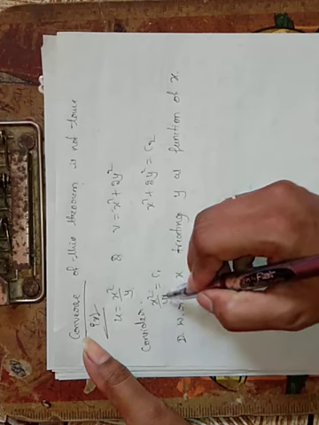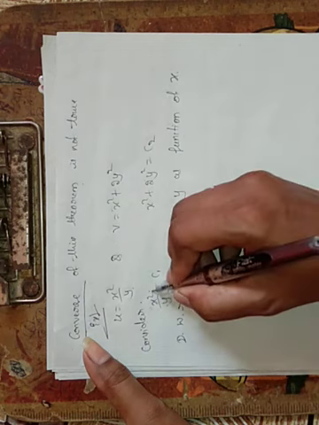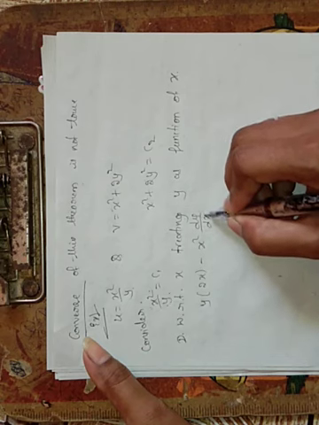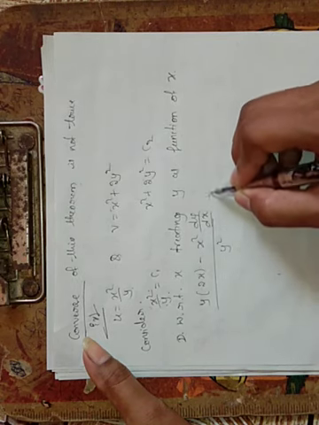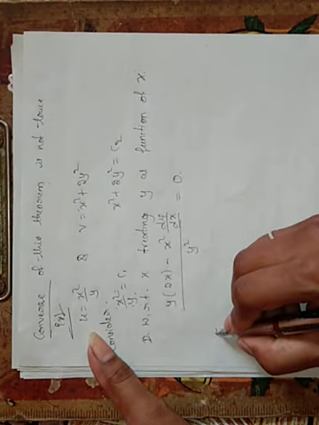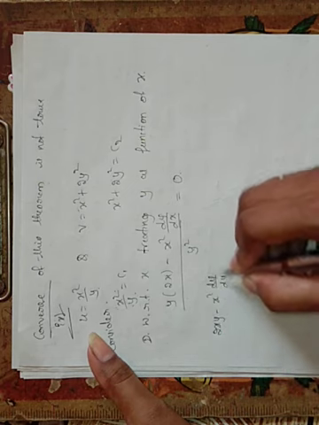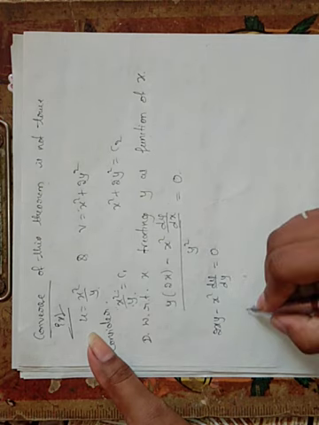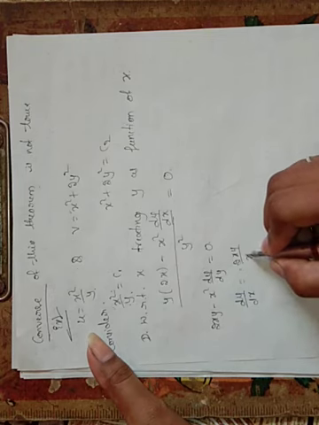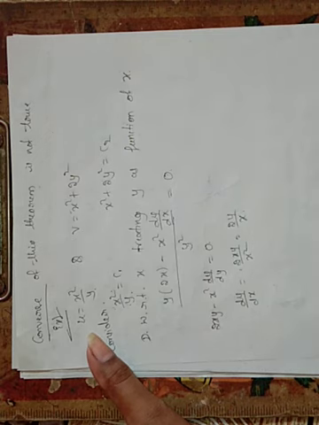Using u by v equal to v into derivative of u minus u into derivative of v divided by v square, equal to derivative of c1, which is 0. So 2xy minus x square into dy by dx equal to 0. So dy by dx equal to 2xy divided by x square, equal to 2y divided by x.